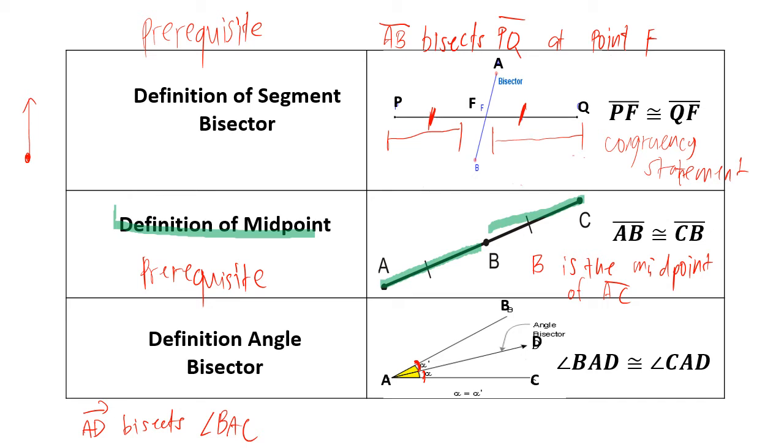So we can say that angle BAD is congruent to angle CAD. You basically divide angle BAC into two congruent parts, and they are congruent by definition of angle bisector. And this time, this is still considered as a prerequisite statement. You have to find out the congruency. Clear? Sige, let's move on.